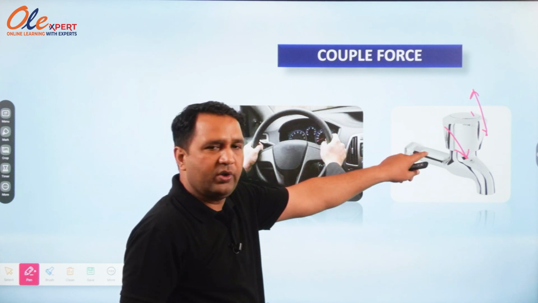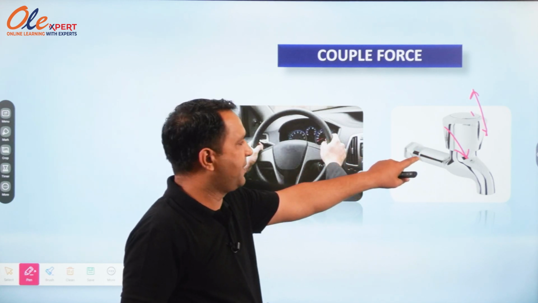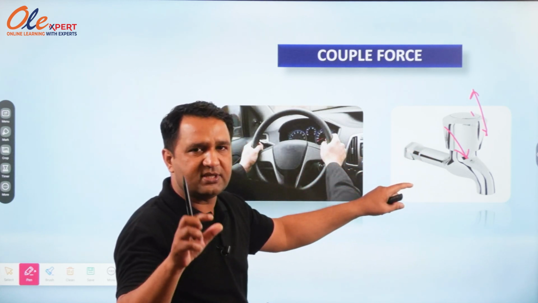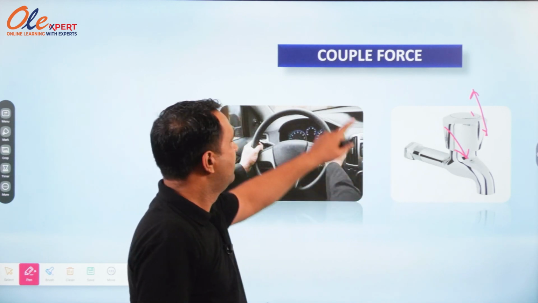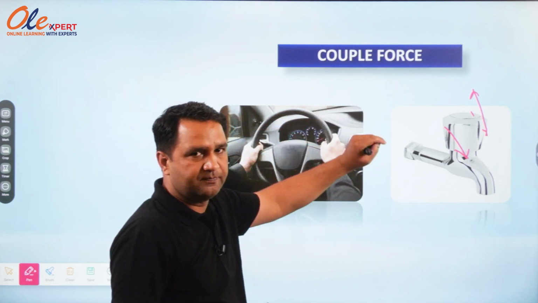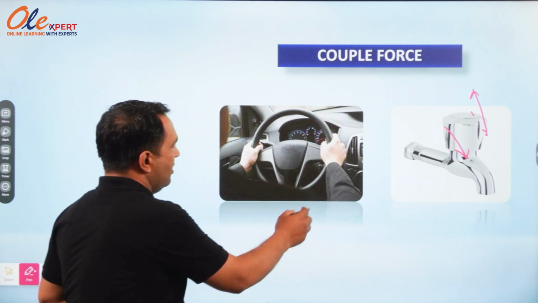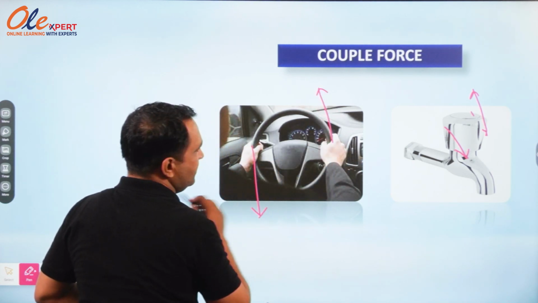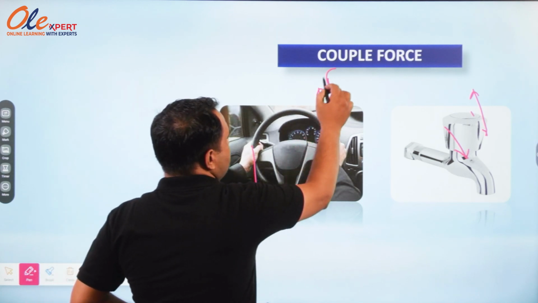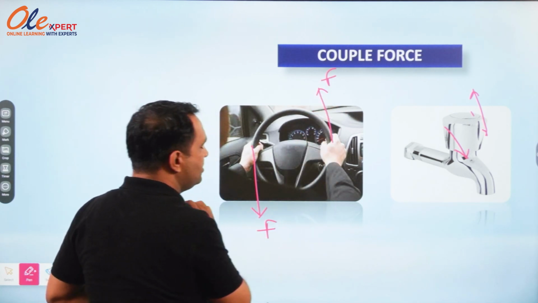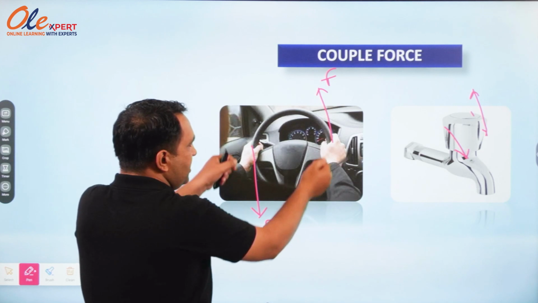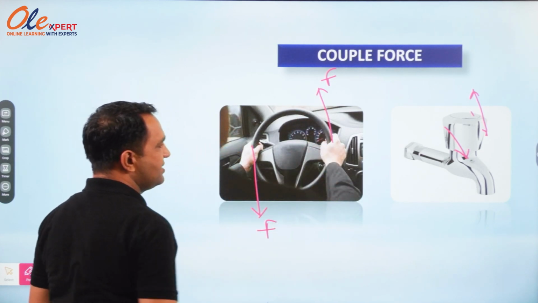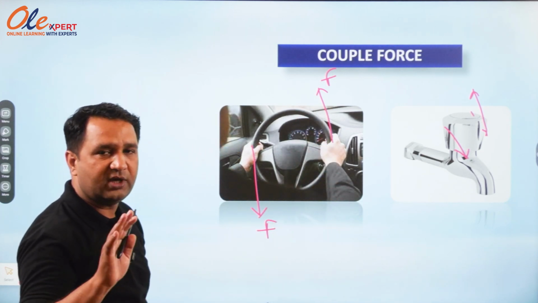When two equal and opposite forces are applied on any body, the combination of these forces will be known as couple force. As in this case, one force is applied in this direction, another force is applied in this direction, and both forces are equal in amount. Hence, the combination of these forces will be known as couple force. What are the conditions?